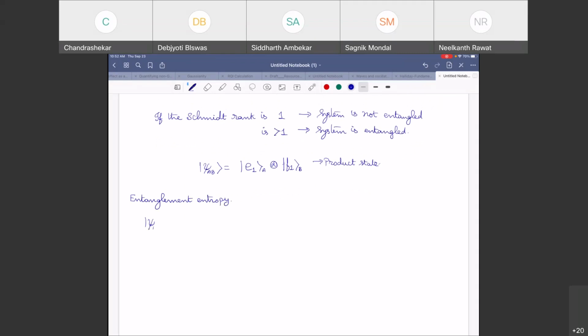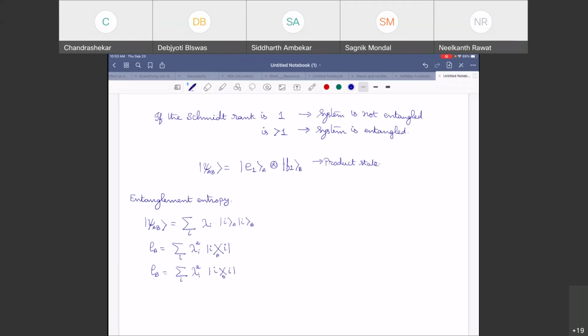Let's say you have a state psi AB, a bipartite state, and rho A and rho B are the reduced density matrices, and the lambda i squares are the probability distributions.